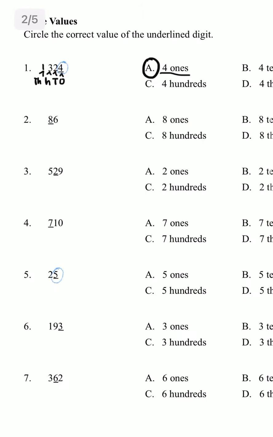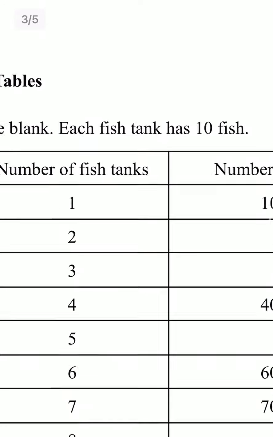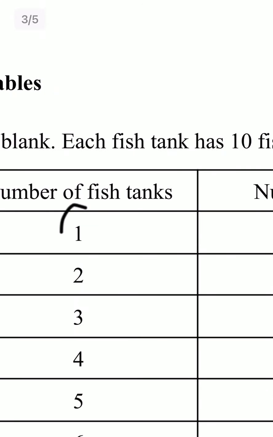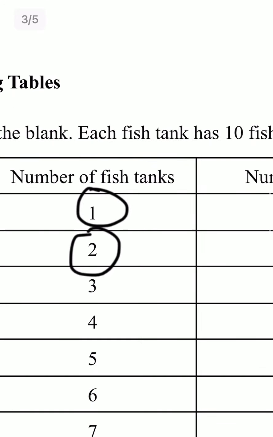Let's look at the next page. For this part, we need to complete tables, and let's look at number 1. We need to fill in the blank, and each fish tank has 10 fish. So 1 fish tank is 10. So if there are 2 fish tanks, that means we have 10 two times.